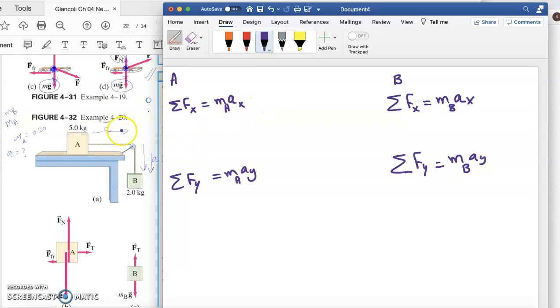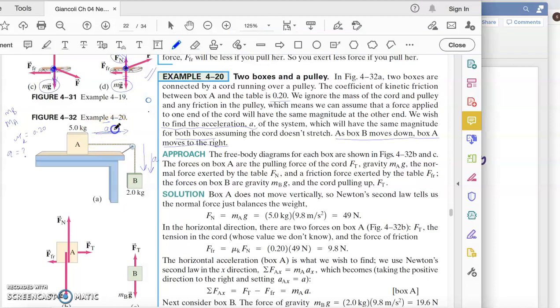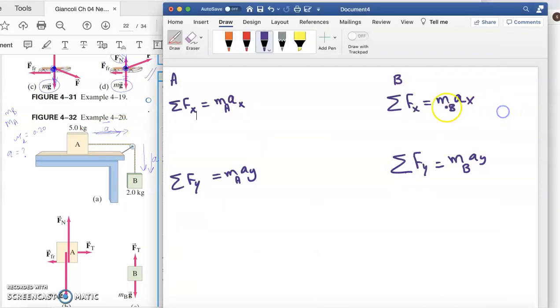Do we have acceleration? Now you come to A. Where is the acceleration? Where is the movement of A? It is in the x direction, right? So, is there any movement for object A along the y direction? No. So immediately you just say that this right side is equal to 0, and this a_x, to reduce the number of variables, it's our acceleration.